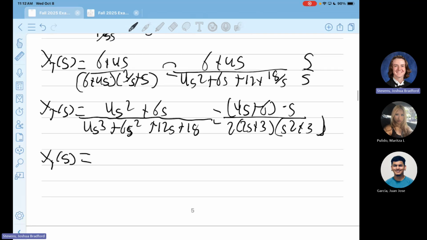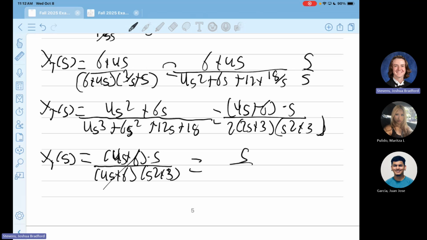I also just did 4s plus 6. Multiply that in. 4s plus 6 times s squared plus 3. Those cancel out. S over s squared plus 3. That's your answer. But did everybody see on your calculator how to factor that out? Sweet.